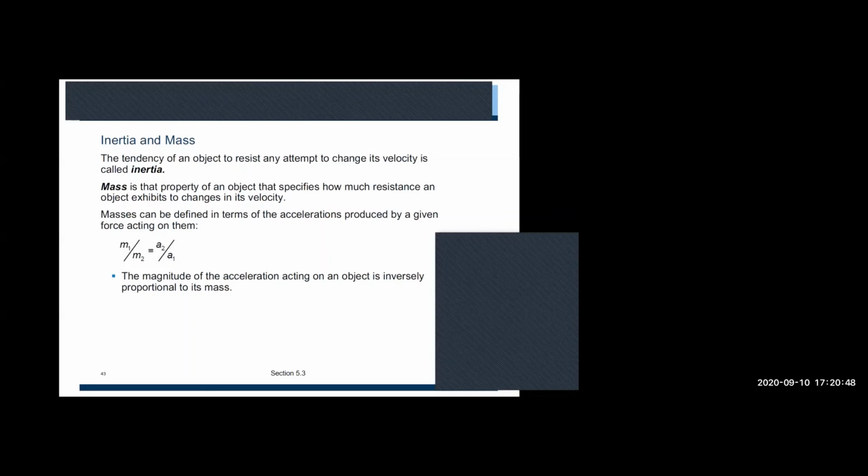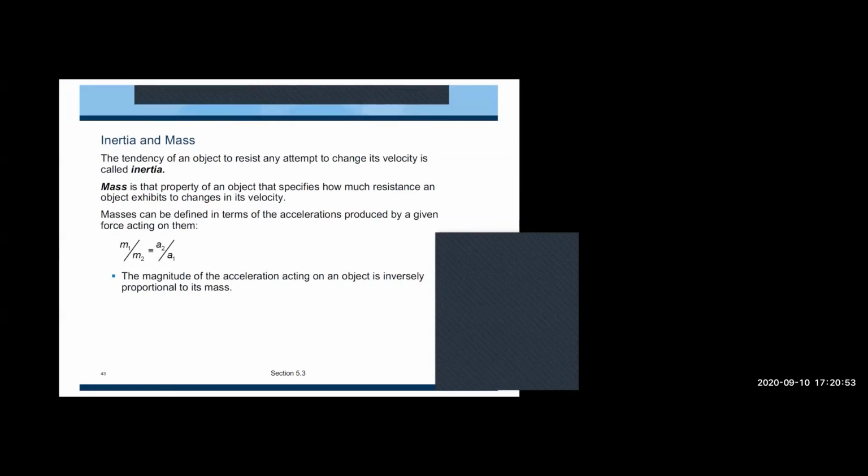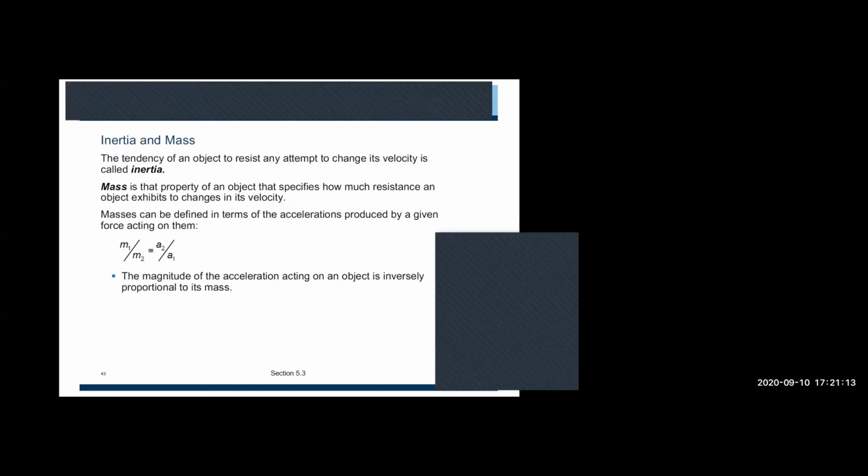When you have an object, for example a wheel, you can set it into rotation about its axis, but it may be hard or easy, depending on its inertia. In that situation, the inertia depends on something else. But for linear motion, it depends on the mass. So the mass is an intrinsic property of the object.